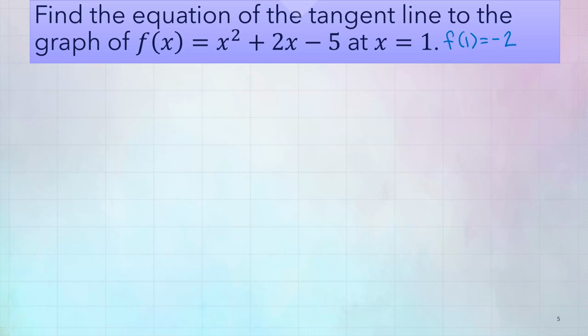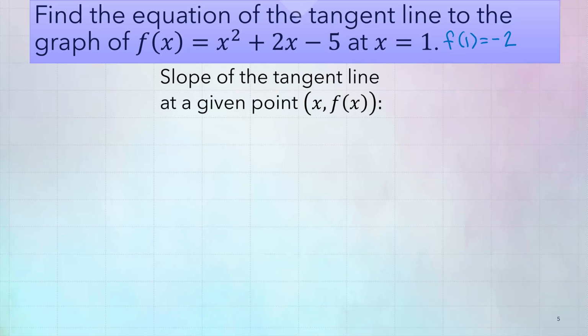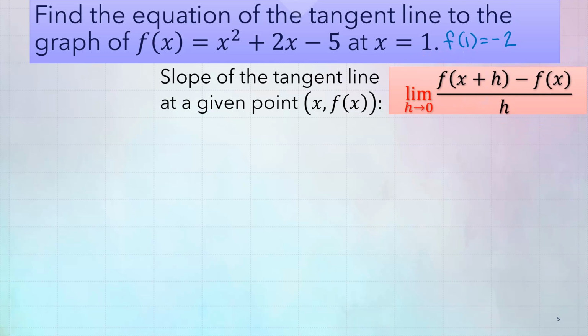And if we actually look at the graph, you don't have to do it that way, but it's nice to just go ahead and graph it and take a look and make sense of it, right? We know that the definition of the slope of the tangent line, previously defined, is the limit as h goes to 0 of f of x plus h minus f of x, all divided by h.